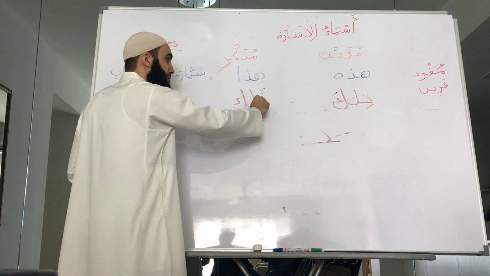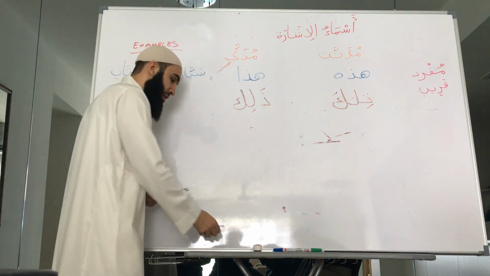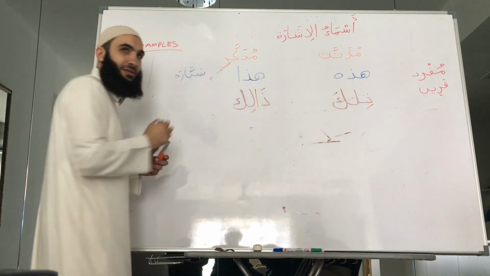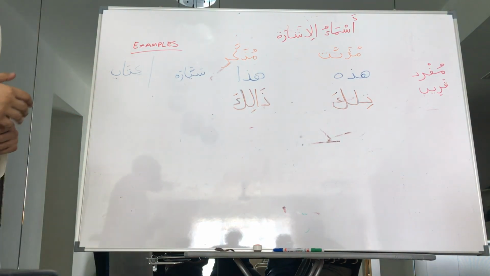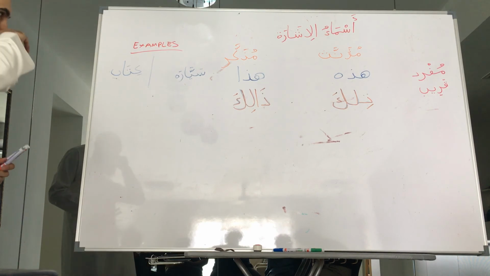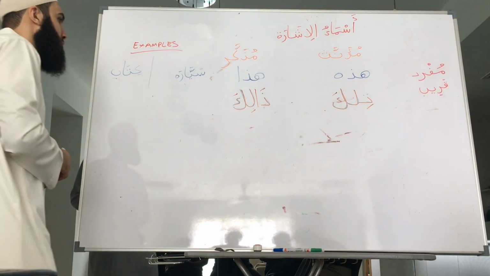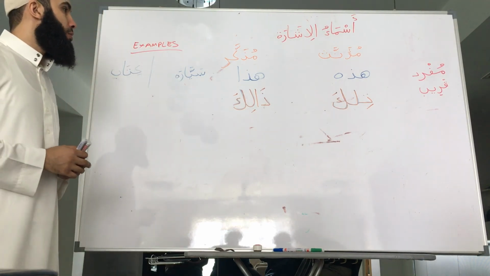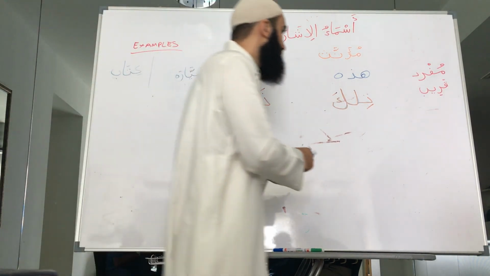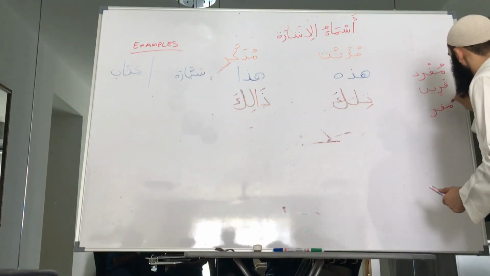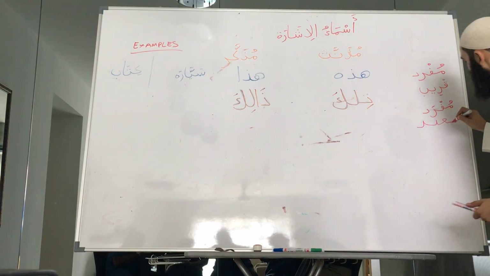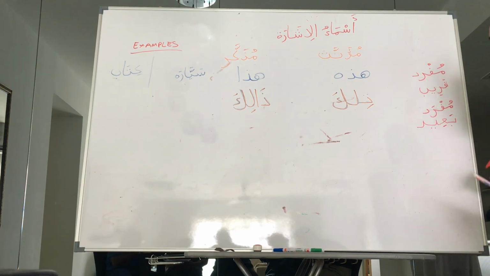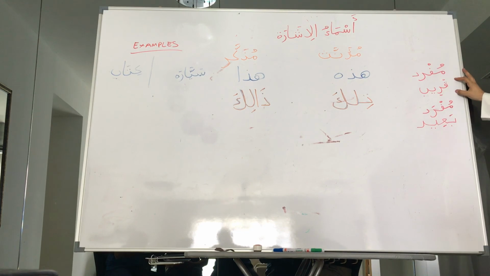But we can also say it without the alif. I'll put the alif there just to show you how it's pronounced. The right way is to not put the alif. Okay, this is for mufrad. بعيد. قريب is close. بعيد is far.